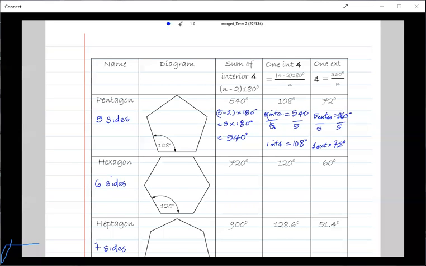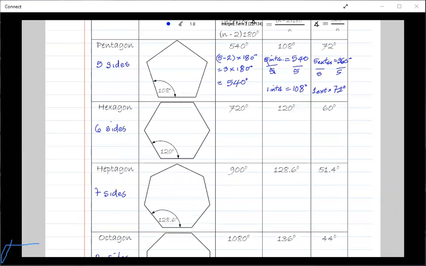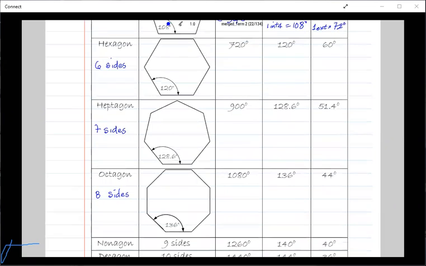We can go through and verify that the information is correct. Some students did that before, and everything was correct except for 8. So let's double check 8. In the formula, n minus 2 times 180 degrees calculates the sum of the interior angles.